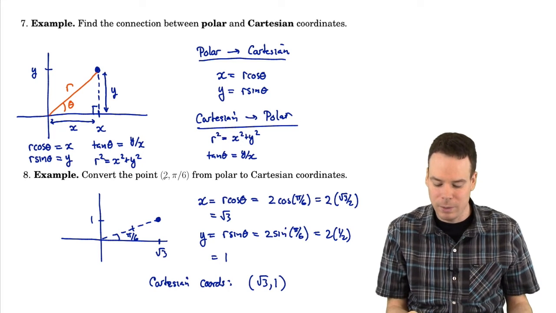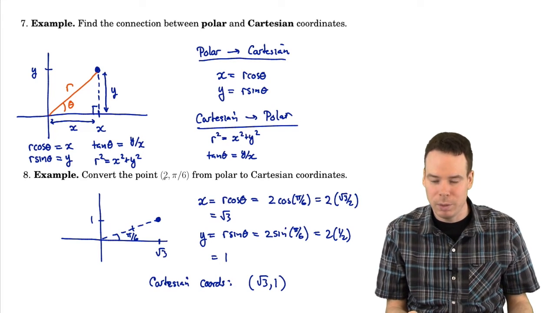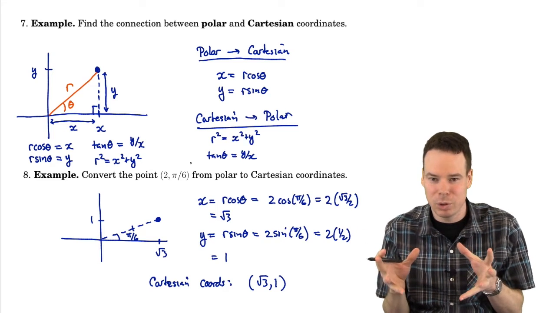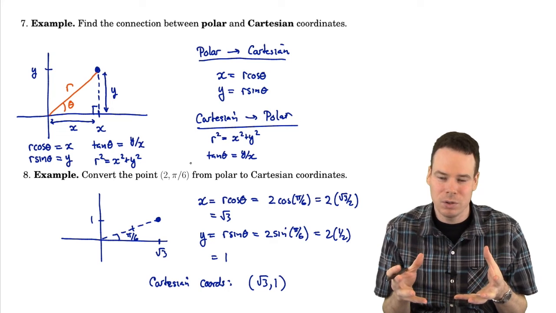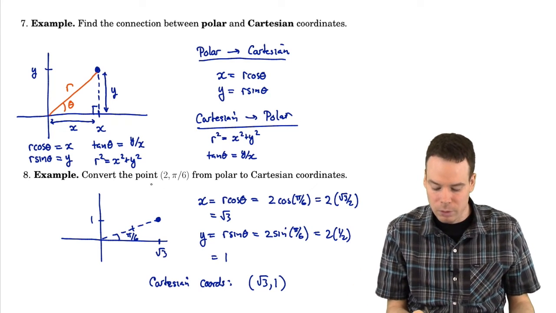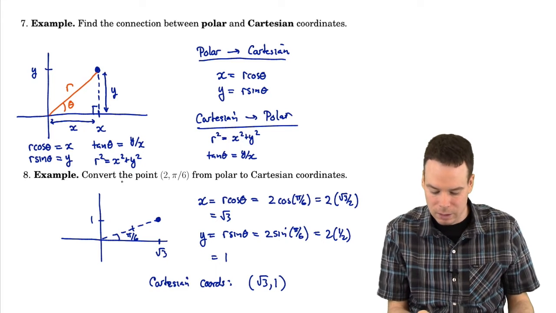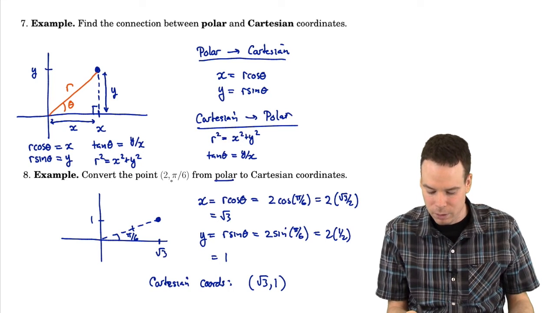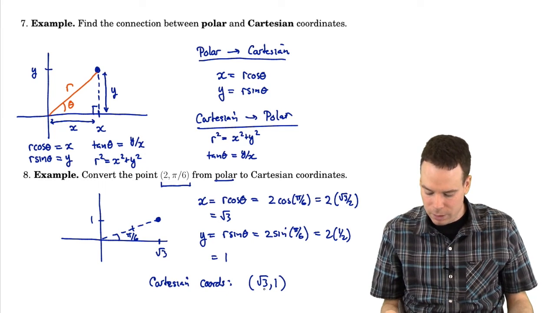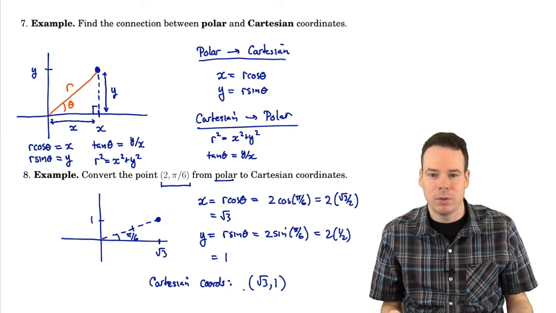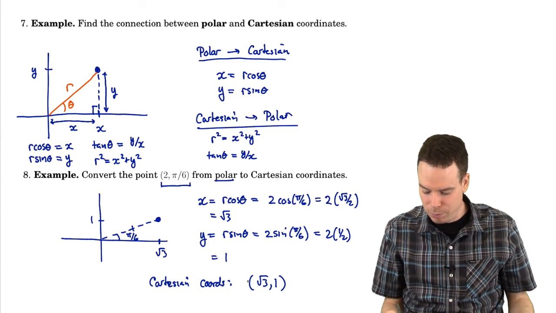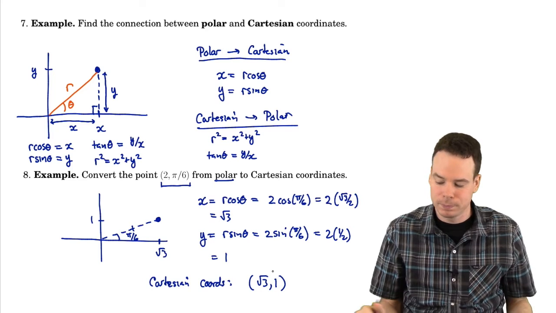So when I write down an ordered pair, two numbers, we need to tell the person who's reading it whether that is a Cartesian coordinate or a polar coordinate. And so you've got to read from the context of where it sits. In here, convert the point from polar, so that means that thing is in polar coordinates. Here I've expressed it as Cartesian coordinates and then written the point down, so this tells you that the point I've written here is in Cartesian coordinates.